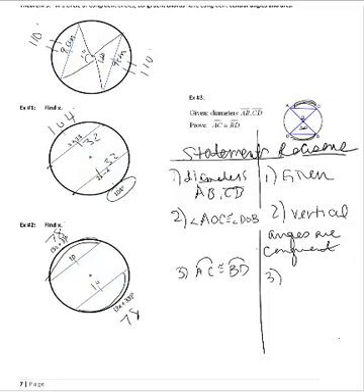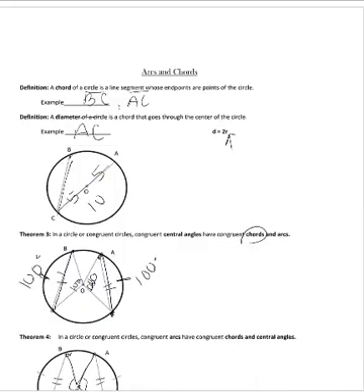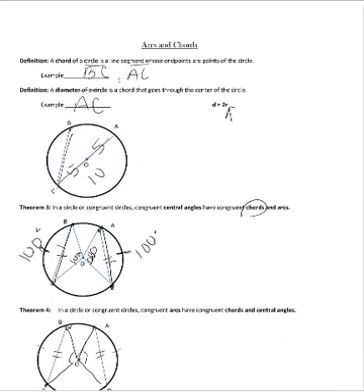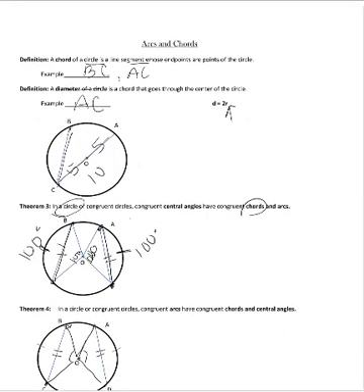You can put it however you want. I believe that we spoke about it earlier and said in a circle, or congruent circles, but in a circle, congruent central angles have congruent arcs. So we could just use those same wordings.